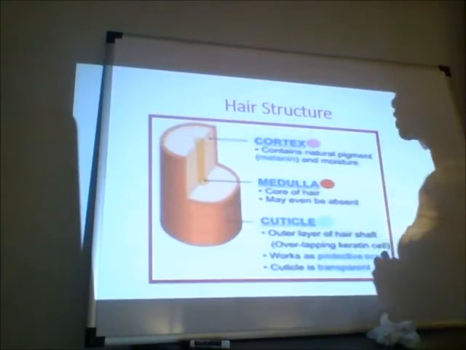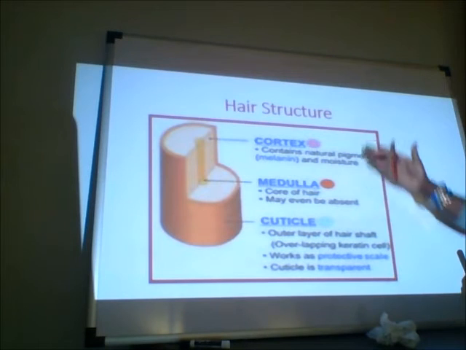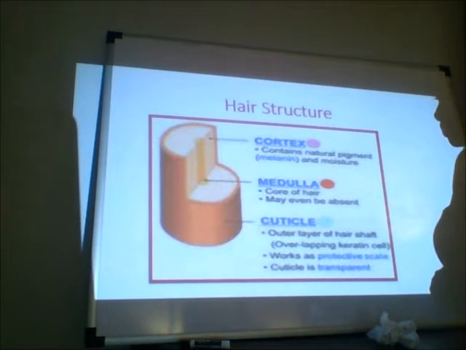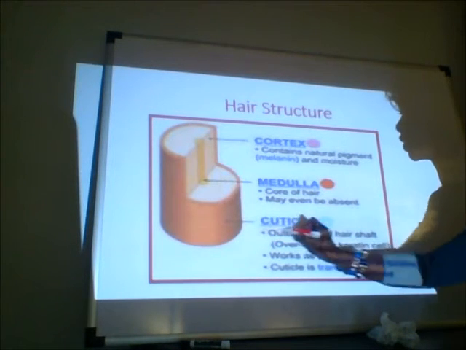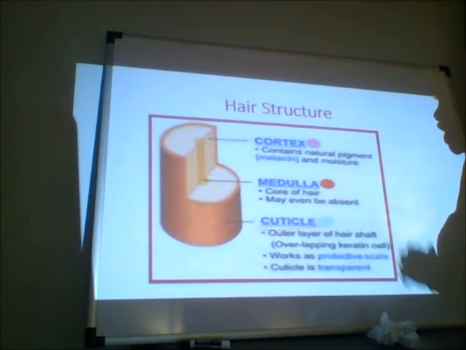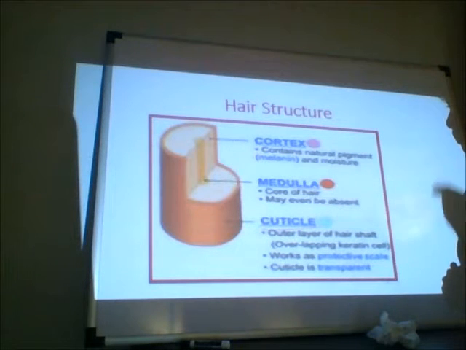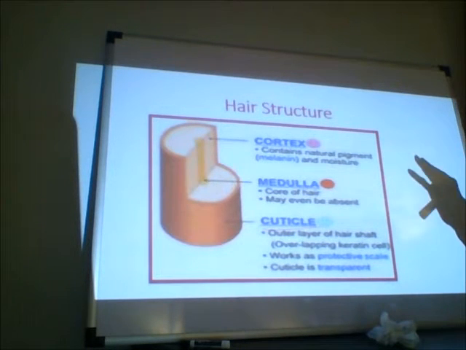Now class, let's go into looking at our board here. When we look at our board and our hair structure, remember I told you there were three parts to the hair structure that I want you to remember. Remember, the first one was our cuticle. Our cuticle was our outermost layer of the hair. It also protects our cortex, and it has the transparent scales.